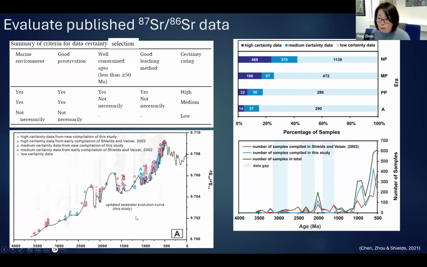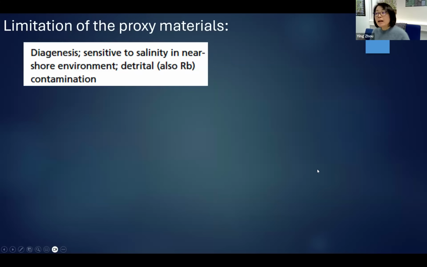What I want to draw your eyes to is this very green data point, which you cannot see very clearly. These are all public data, but possibly not certain if they come from a marine environment or good preservation or leaching method. With this in mind, I want to remind you of the limitations of the rock samples we're going to use.